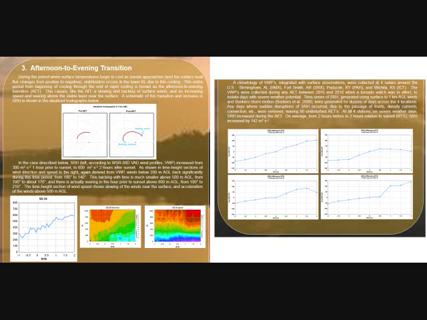Now, any days where we had a disturbed afternoon to evening transition, convection moving over the radar site and the surface station, fronts, density currents, atmospheric waves, we threw those out. But we wound up still with a large number, 60 undisturbed AETs across these 4 radar sites.